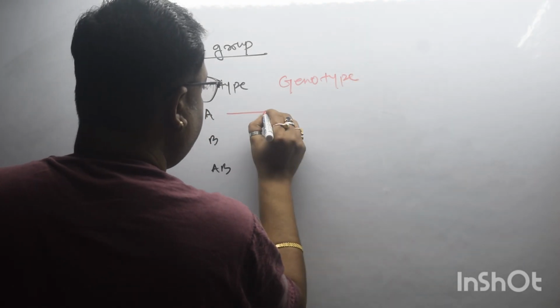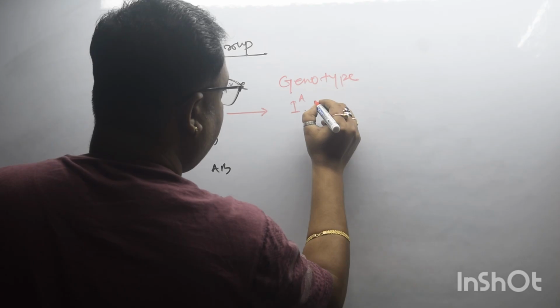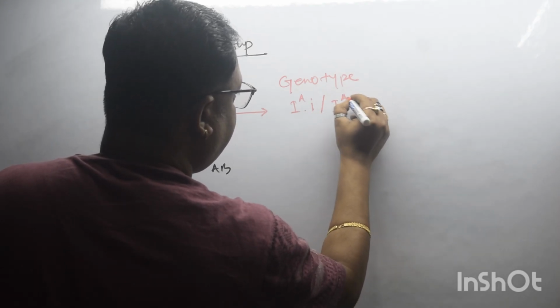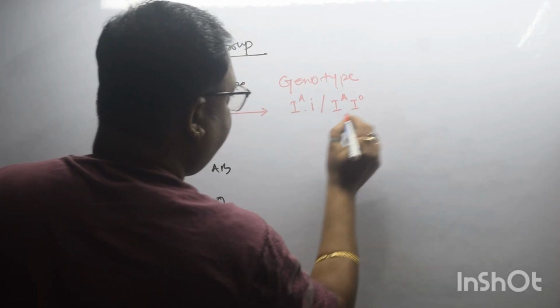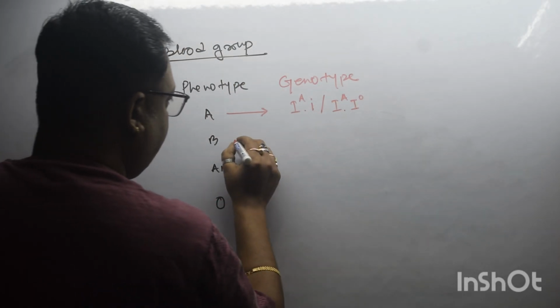Genotype for blood group A is either capital IA small i, or capital IA I0.